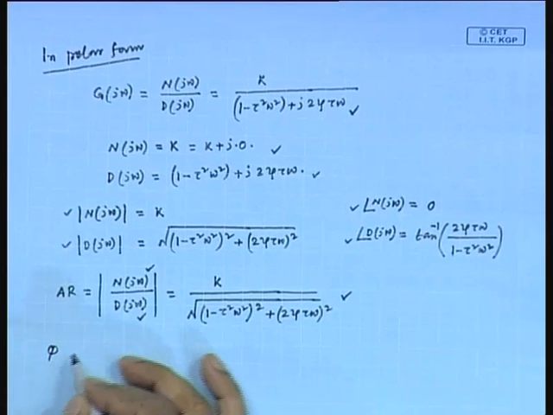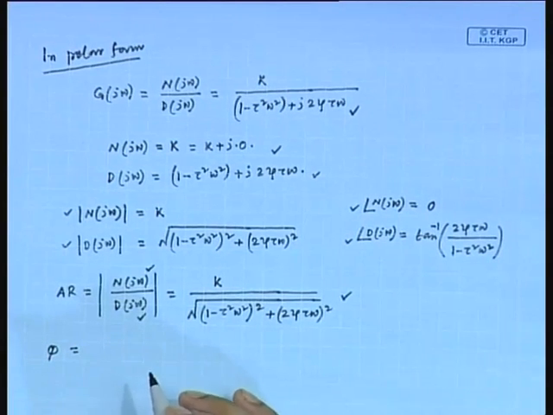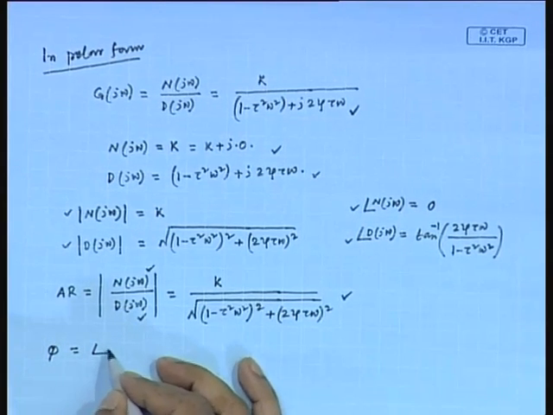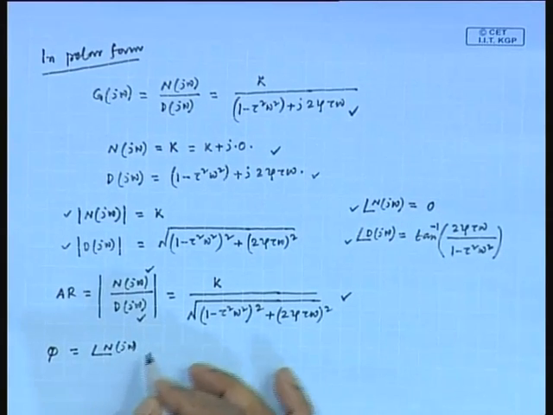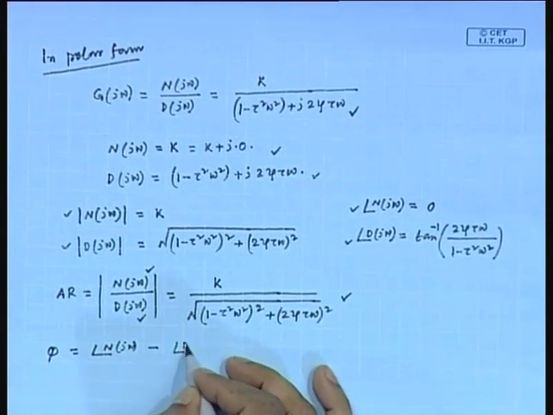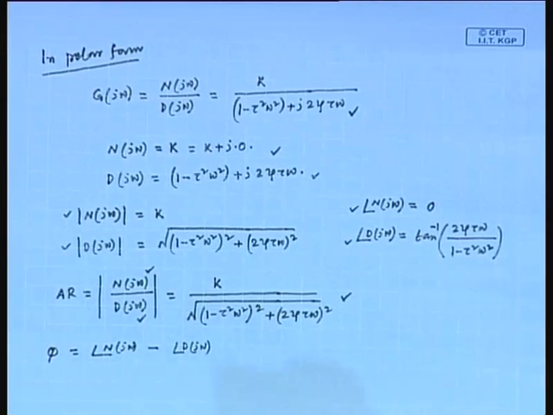Similarly, the phase angle is obtained as the argument of n minus the argument of denominator.